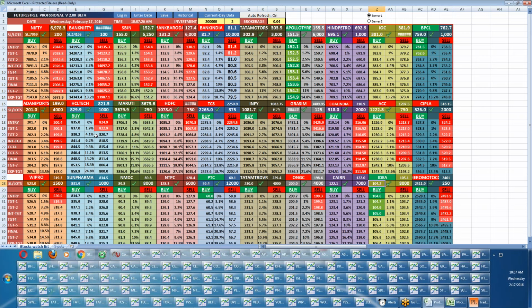So TCS, we have a sell. So now NTPC has given you a sell call. We had a buy call in the morning.